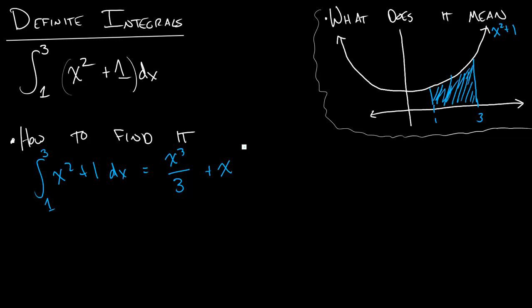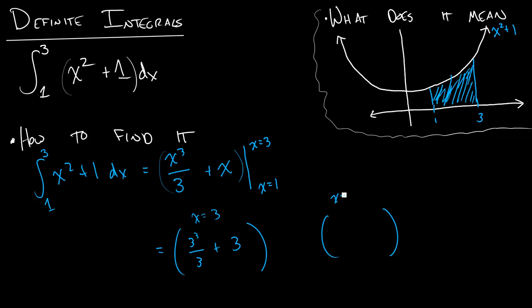So what I want you to think about is I'm going to write it over here, and basically the way this is going to work is I'm going to plug in 3 into this equation here. So at x equals 3, my equation is 3 cubed over 3 plus 3. I'm also going to plug in x equals 1, so I'll have 1 cubed over 3 plus 1.